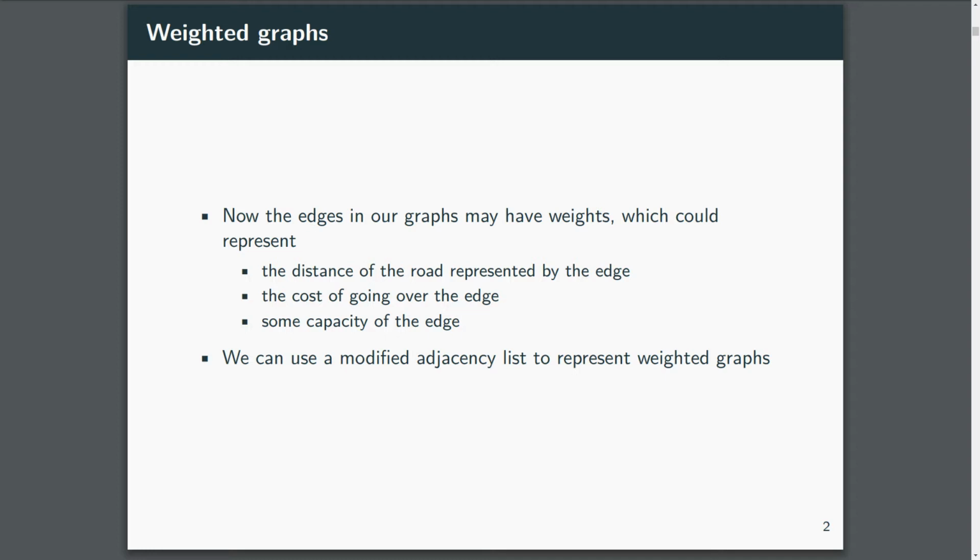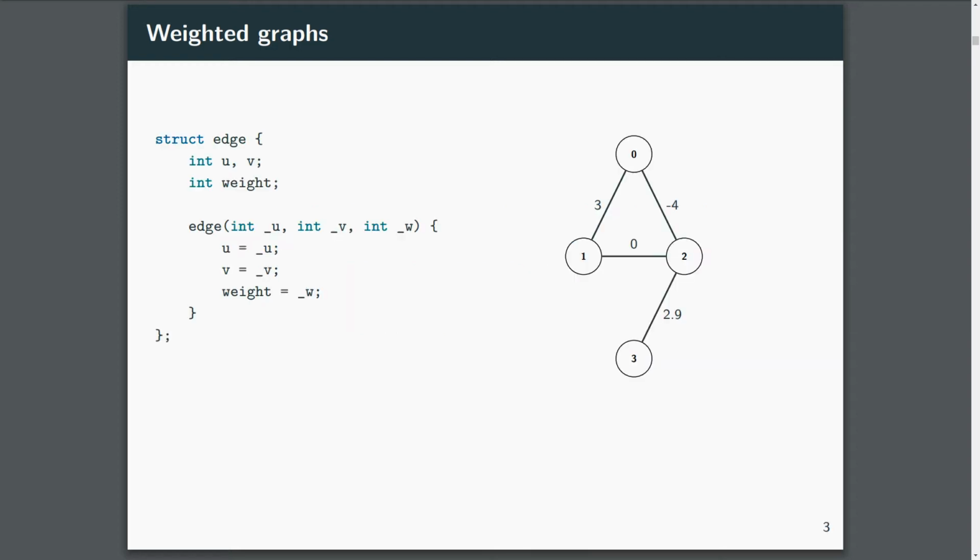And we can modify our adjacency list to represent these weighted graphs. We can define an edge going from u to v with a weight variable. So again, you can have positive edge weights.